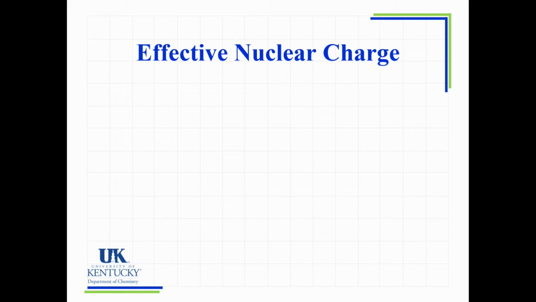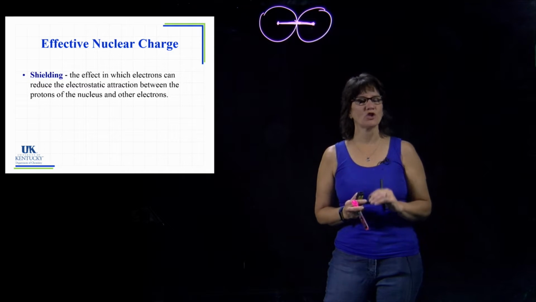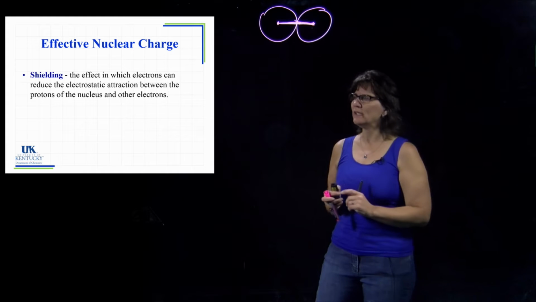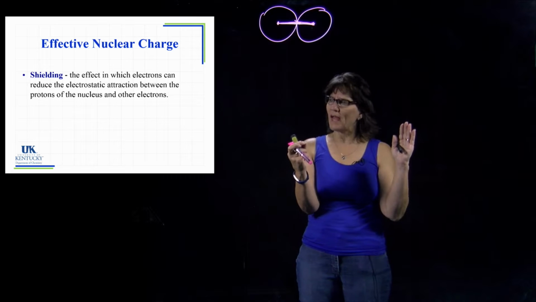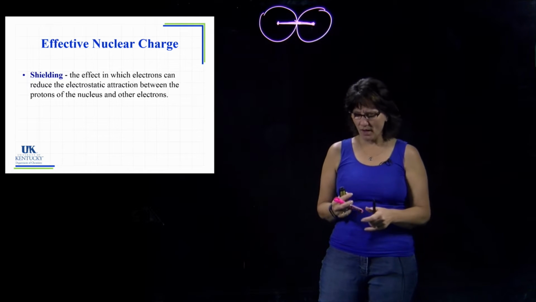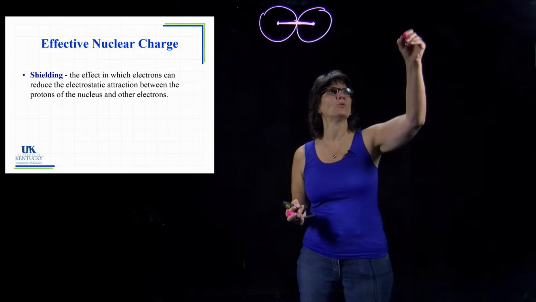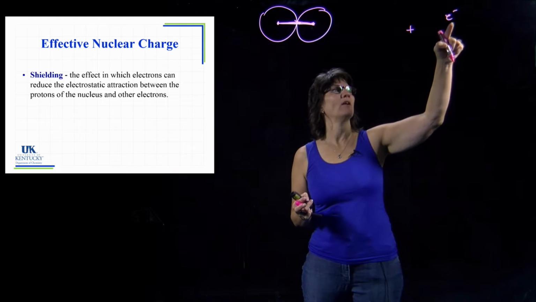So we look at something called the effective nuclear charge. Effective nuclear charge comes from a concept called shielding. And shielding is the effect in which electrons are feeling that pull of the nucleus. So we know that the nucleus is sitting there with its positive charge, and we know that the electrons are moving around it, so we'll let that represent my nucleus, and we have these electrons out here.